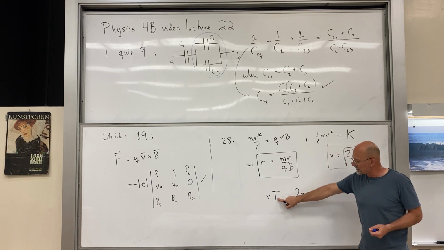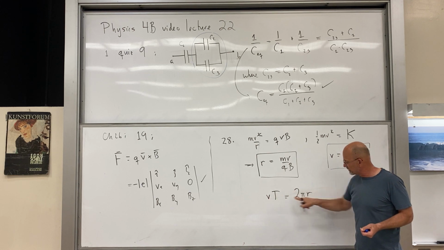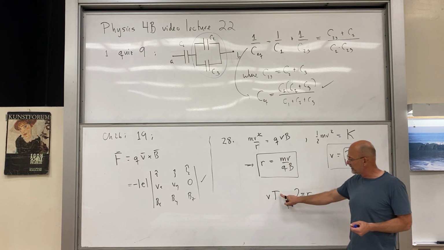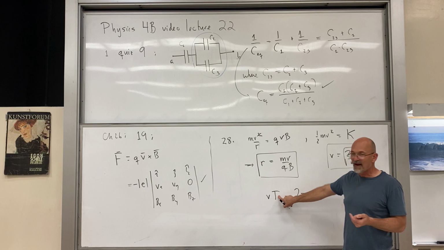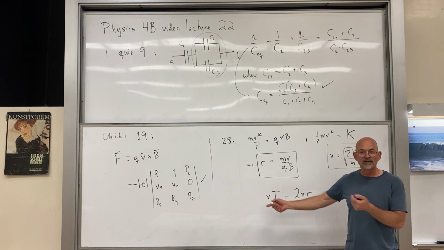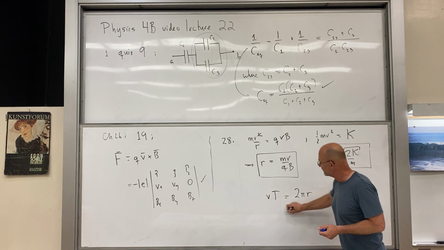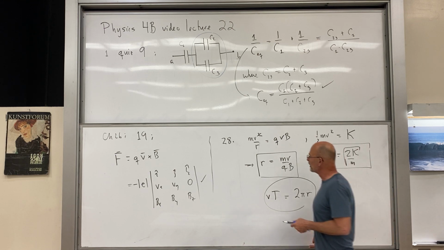And from that we can solve for the period, because now we have V and we have r. So solve for T, and if you have the period, you can find the frequency as the inverse. Good, so that would be problem 28.